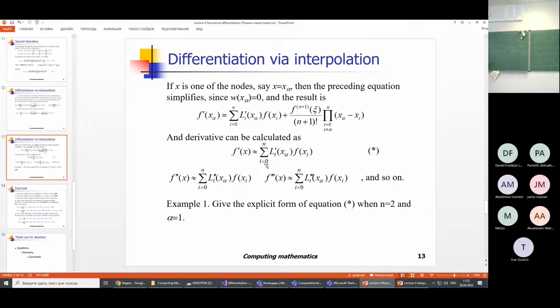Let's consider this particular case, the derivative of x minus x1 times x minus x2. How to find this derivative? We extremely simplified our large formula, but we cannot simplify it more. How to find this derivative?